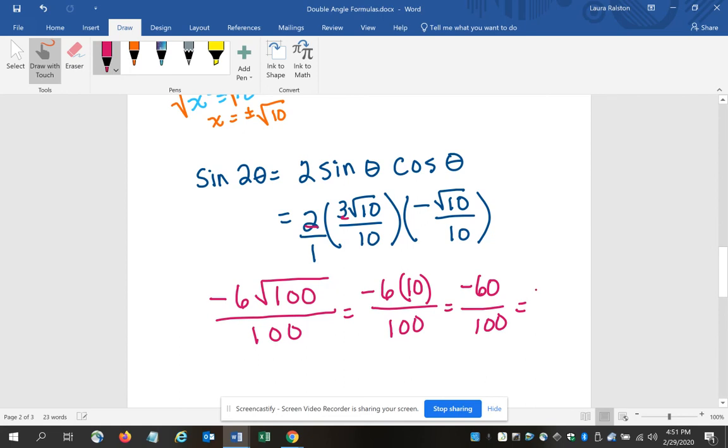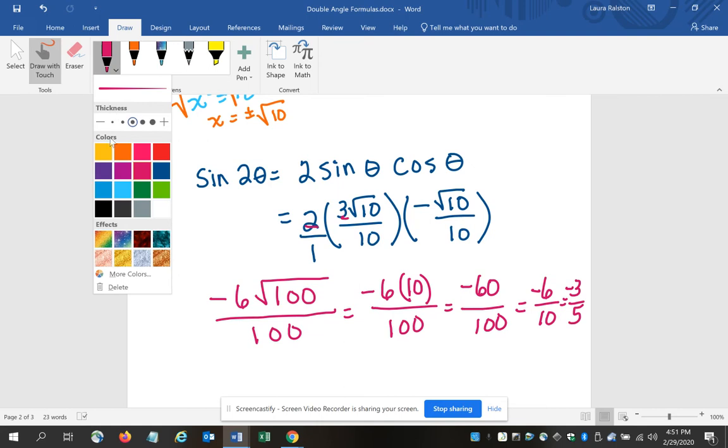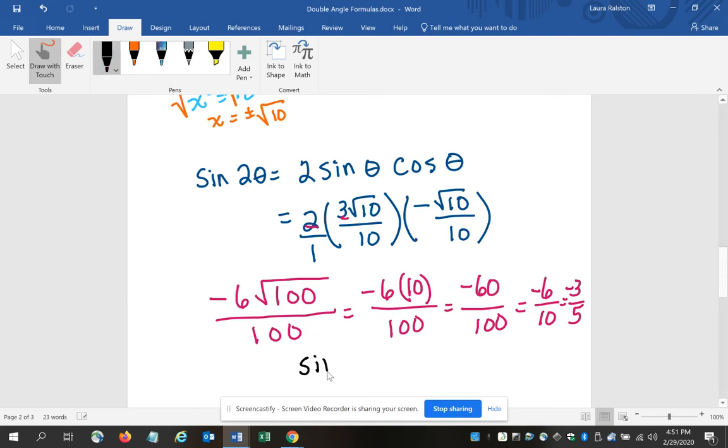I can simplify that. It becomes negative 6/10, and I can go further. It becomes negative 3/5. So ultimately, the sine of 2 theta for this particular problem is negative 3/5.